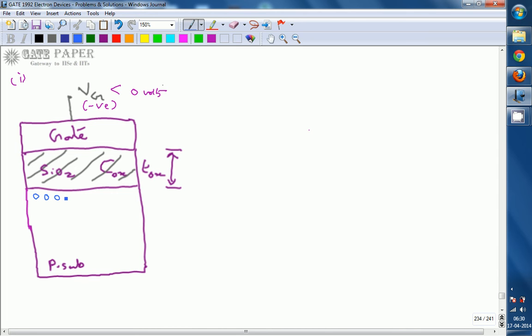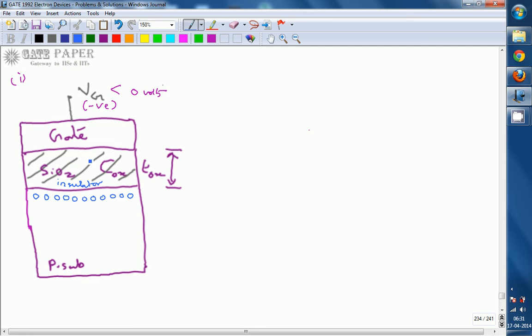Holes will be attracted and accumulated near the silicon dioxide layer. They cannot go to the gate side because silicon dioxide acts as an insulator. No holes move through the silicon dioxide, so all the holes are attracted to the nearby silicon dioxide interface.